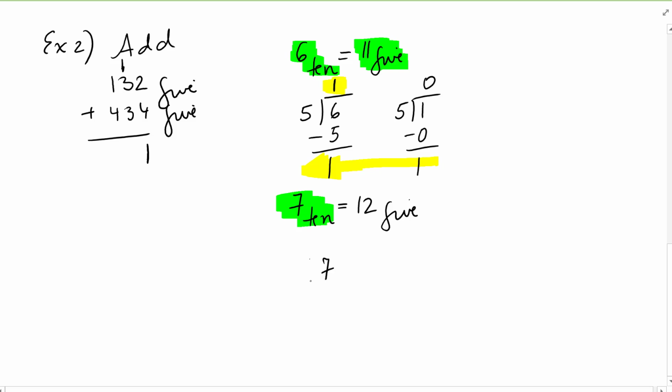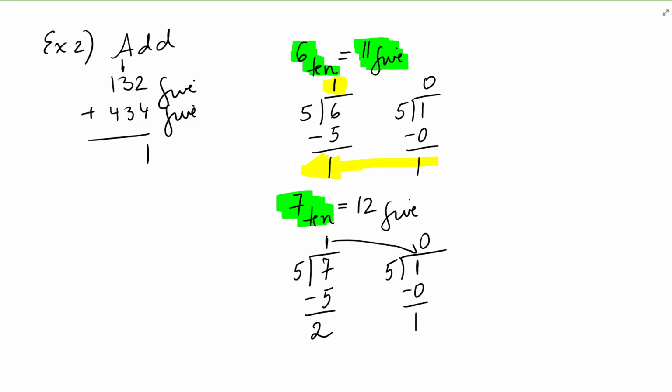So 7 divided by 5, 5 goes into 7 one time. 1 times 5 is 5. Subtract, we get 2. Now this one is the new dividend. So 1 divided by 5 is 0. 0 times 5 is 0. Subtract 1. So when we copy the remainders from right to left, we get exactly the 1, 2 that we anticipated.